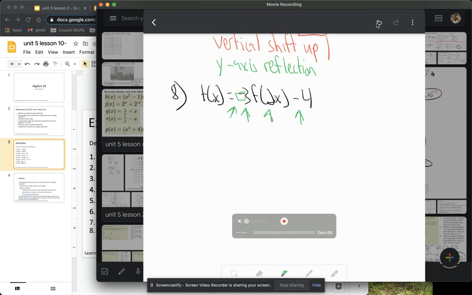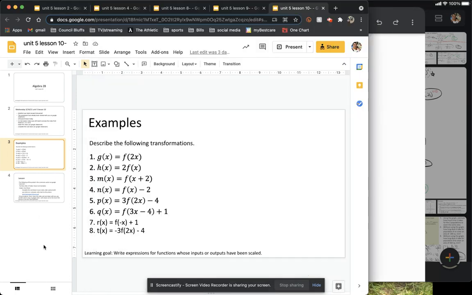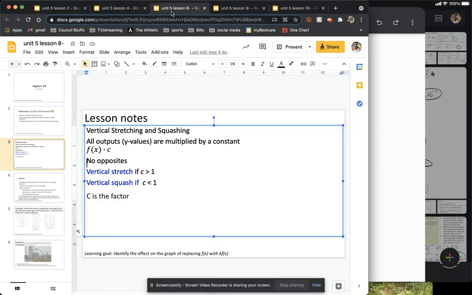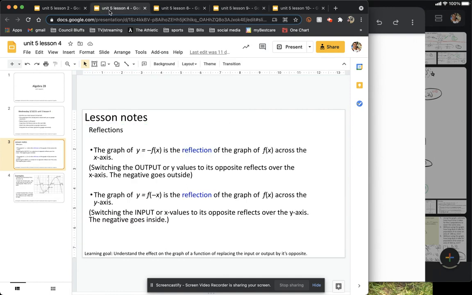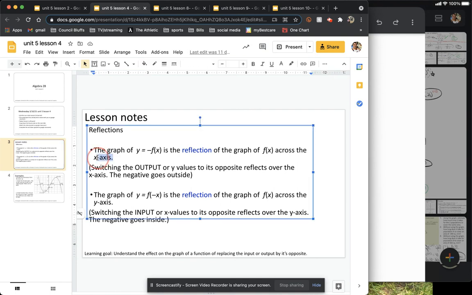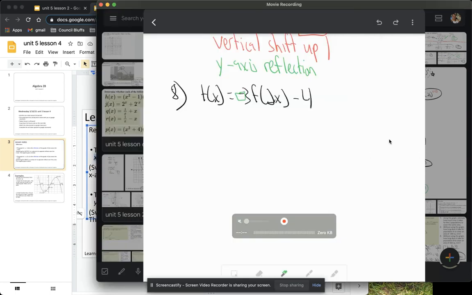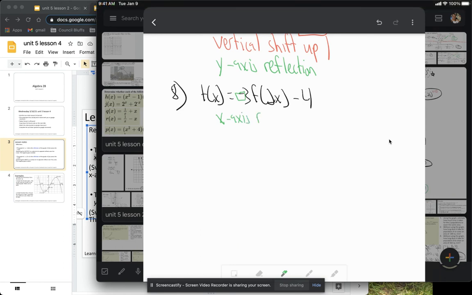Okay, so let's first deal with the negative here. The negative tells me that it's going to be a reflection. The negative outside the parentheses tells me that this is going to be an x-axis reflection. So that's the first one, an x-axis reflection.